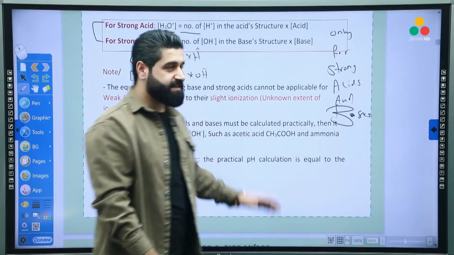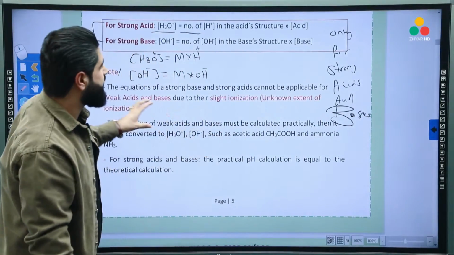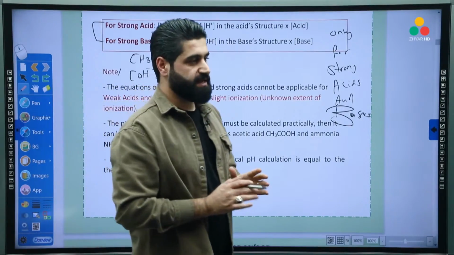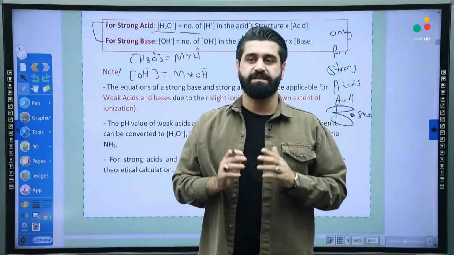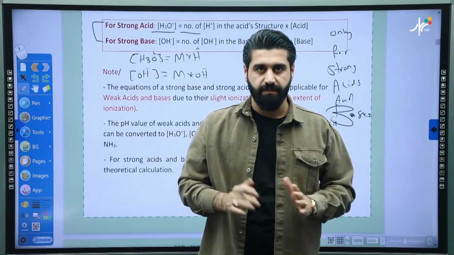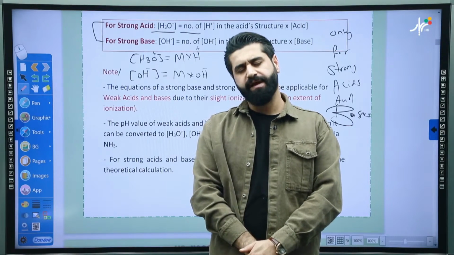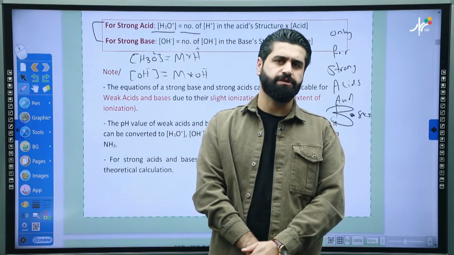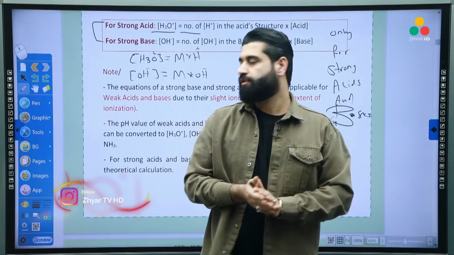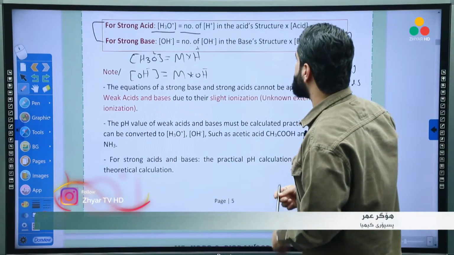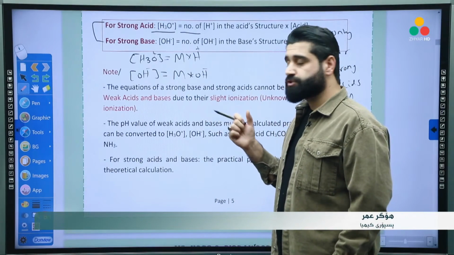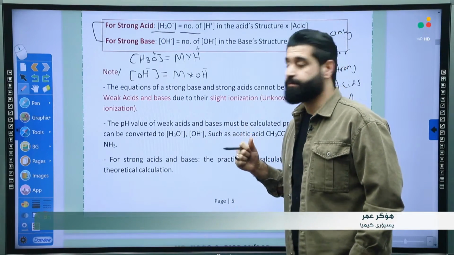These are applicable only for strong acids and strong bases, because strong acids and strong bases ionize completely, so we know their degree of ionization. But about weak bases and weak acids, we don't know how much they get ionized. So we are not sure about the number of H and OH in the aqueous solution of weak acid and weak base.